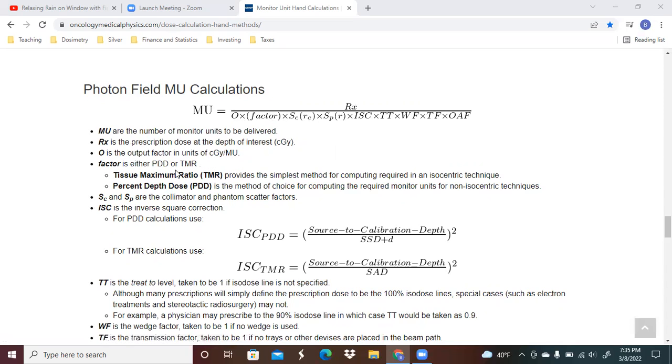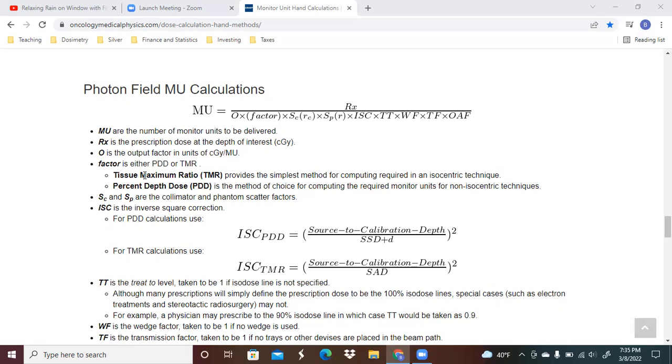Then you've got a factor here, which is either going to be PDD or TMR. Now we'll get to this in just a minute. TMR stands for tissue maximum ratio, and it's the simplest method for computing MUs required in an isocentric technique. And that's most of what you guys are going to end up having to deliver. In other words, we're going to put the isocenter at a certain spot in the body. We're not going to do an SSD setup in many cases, not all, but in many cases.